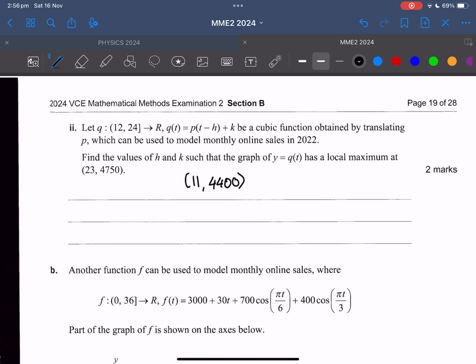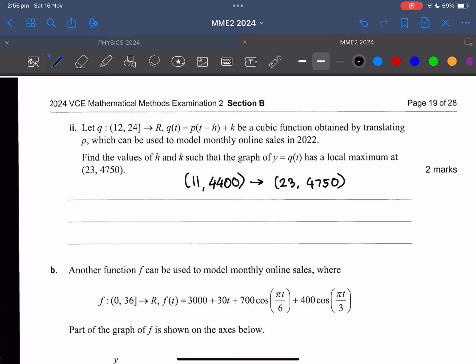And now that p graph has been translated, there have been some translations applied, and now we have to find, if I want to make the local maximum (23, 4750), what is the value of h and k. So we are basically asked to find the translations again.